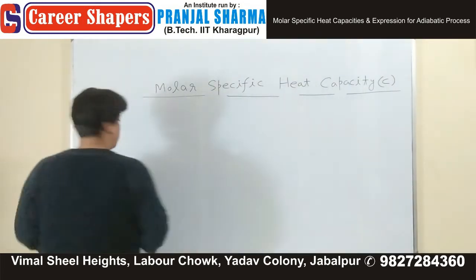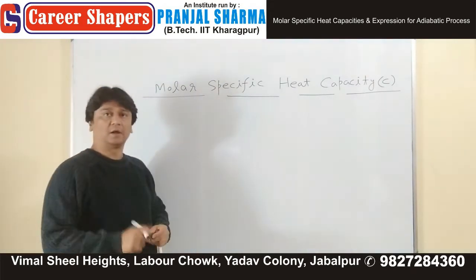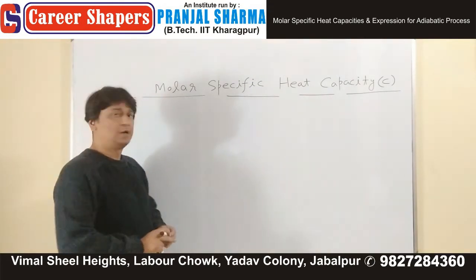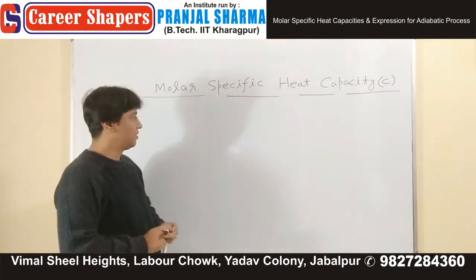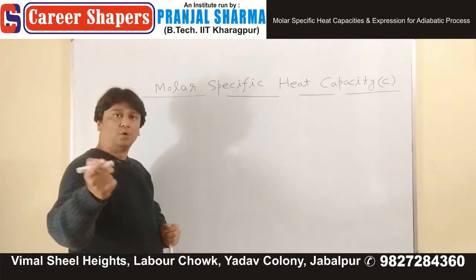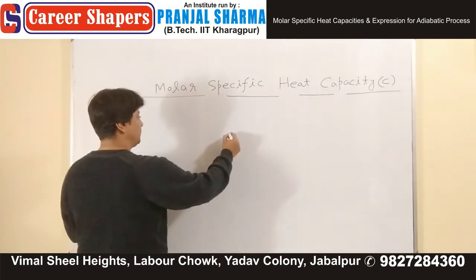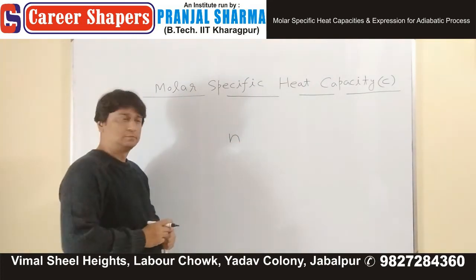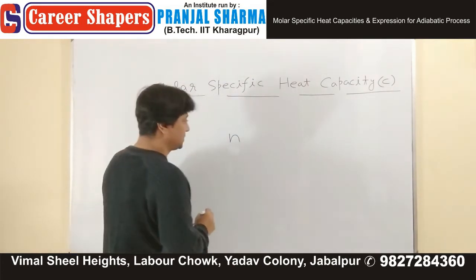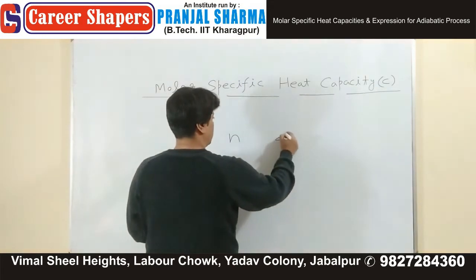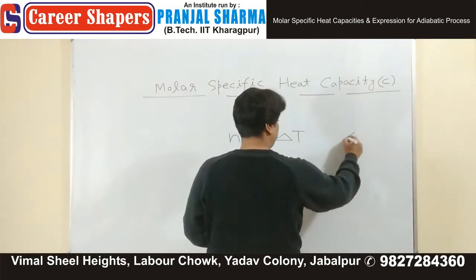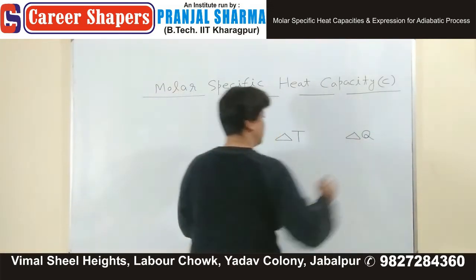So, we're talking about C, and what is C? The amount of heat required to change the temperature by 1 degree Celsius, if you have been given 1 mole of it. But it was not possible to find 1 mole, so we took n moles. It was not possible to change the temperature by 1 degree Celsius, so we changed it by delta T, and in the process we gave it delta Q heat.